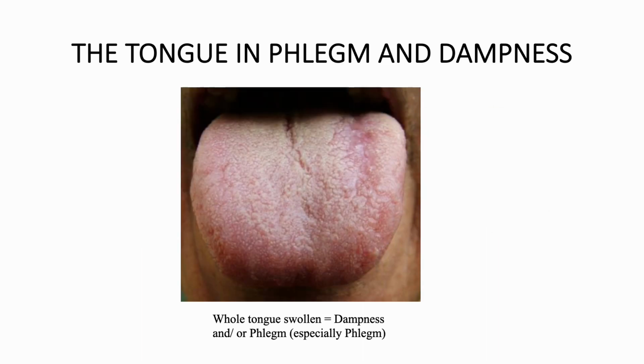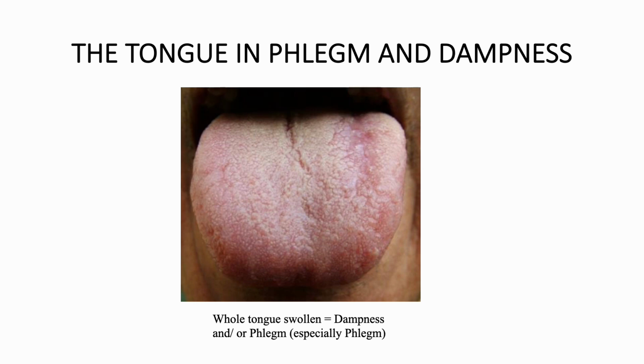Both phlegm and dampness may manifest with a swollen tongue and a sticky coating. However, in the case of phlegm, the swelling of the tongue is predominant, whereas in the case of dampness, the coating is predominant. Although both phlegm and dampness may derive from qi deficiency, qi deficiency on its own does not cause the tongue to be swollen.